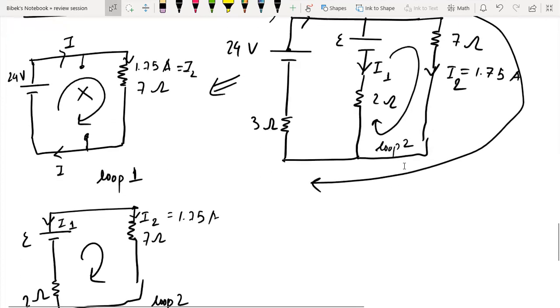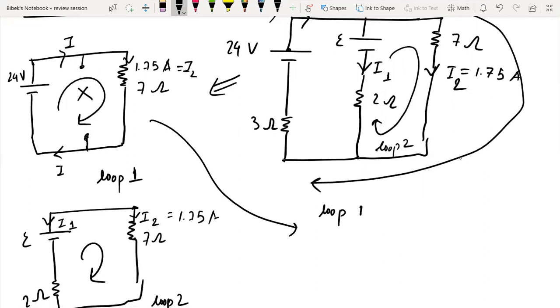So now we'll be using the Kirchhoff's law in the first loop. Okay, so in loop 1, you have this battery, right? This is positive, this is negative, so current flows from positive to negative. There's I going in this direction, okay?